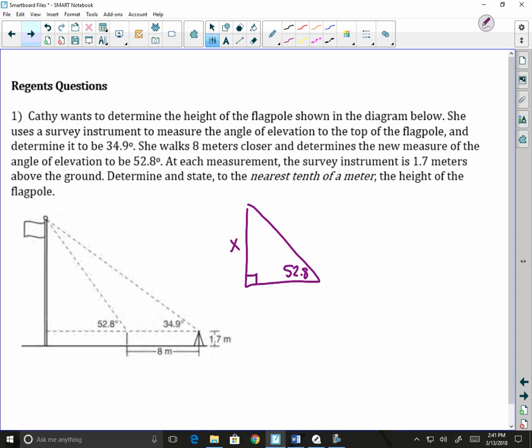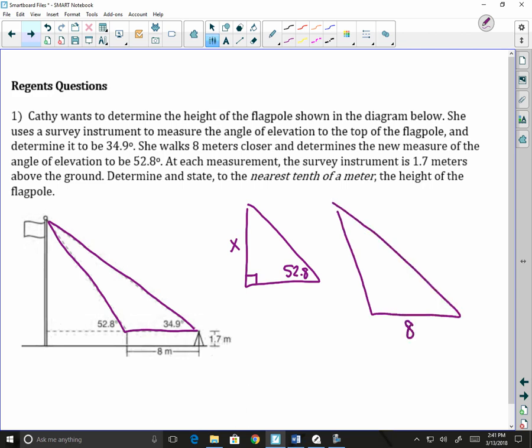Now, the trick to this question is this bigger triangle here. This is a non-right triangle. So in that non-right triangle, I have a side of 8, an angle of 34.9, and I can actually find other angles here.